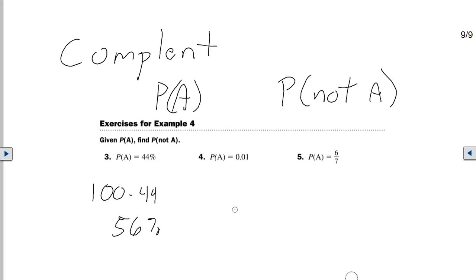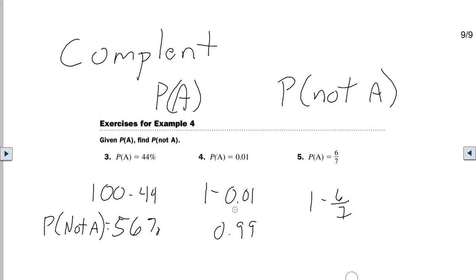Probability of A is 0.01, the probability of not A, I just subtract that from 1, and I would get 0.99. As a fraction, I just do 1 minus 6/7. Again, a probability and its complement together always add up to 1 or 100% if you're doing a percent. It's pretty simple.